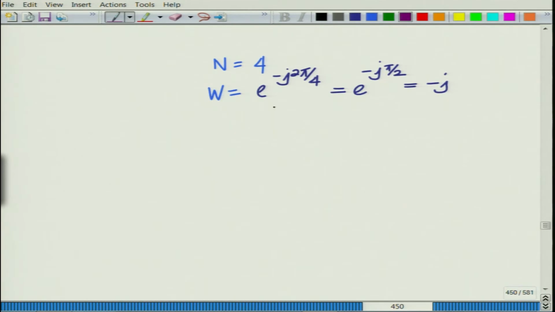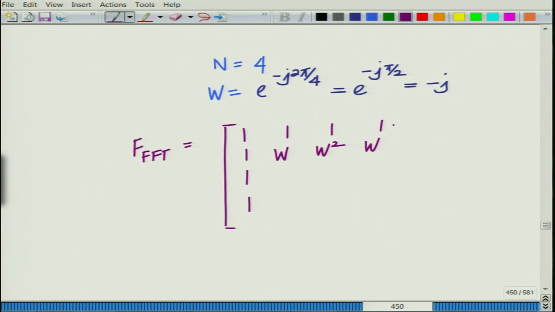Therefore the Fourier transform matrix will have rows 1 1 1 1, then 1 W W square W cube, then 1 W square W 4 W 6, then 1 W cube W 6 W 9, up to W raised to n minus 1 whole square.